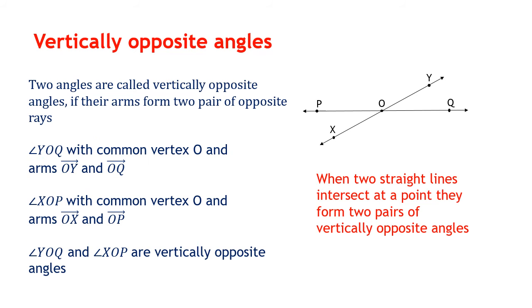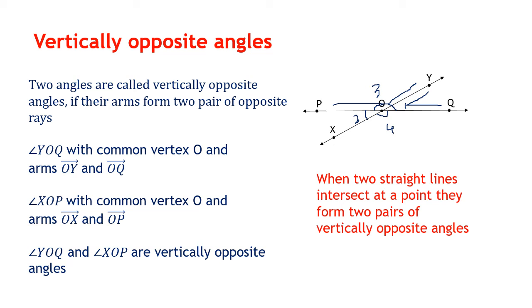So in this diagram you can see four angles. Okay, angle 1, we'll call this, I'll call this angle 2, I'll call this angle 3, and I'll call this angle 4. So there are four angles here. Now what you can see, angle POQ and angle YOQ are adjacent and form a linear pair. Yes, because they make a straight line.